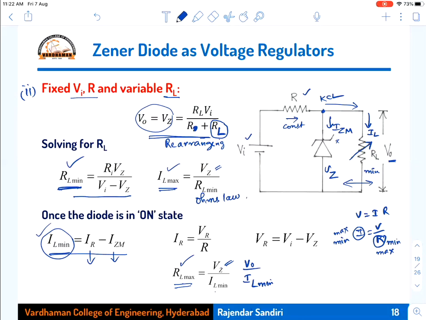That means I am taking a variable RL, and using this formula I am calculating the minimum value and the maximum value of RL, so that we get the range of RL. RL is between RL minimum and RL maximum. We have calculated this using this formula.